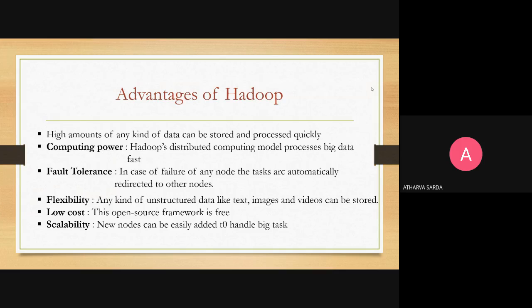The next is flexibility. Flexibility is that it handles any kind of data, whether it be structured, that is in table form, or unstructured, like text, images, and videos. A good example of unstructured data is if we go on some e-commerce website or some apps and we give them a review, they already know what their product is and they have sorted data in the backend, but they don't know what the users will give in the reviews.